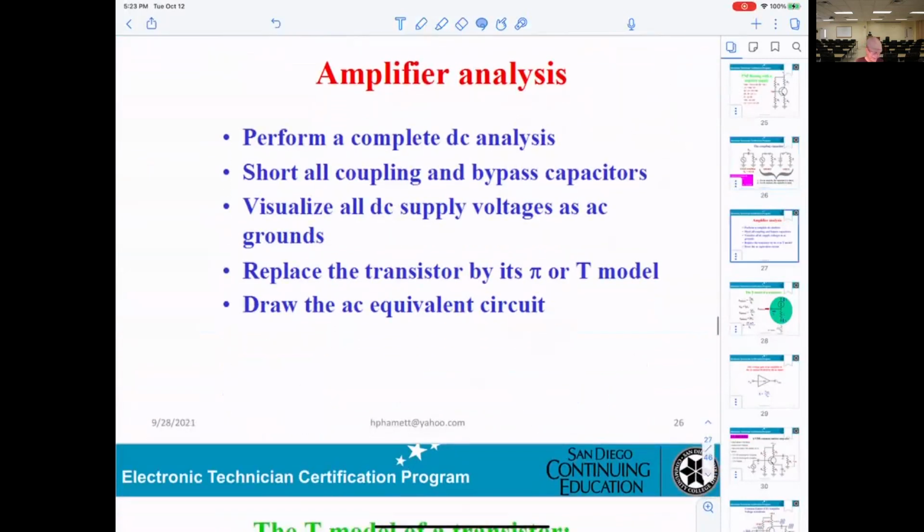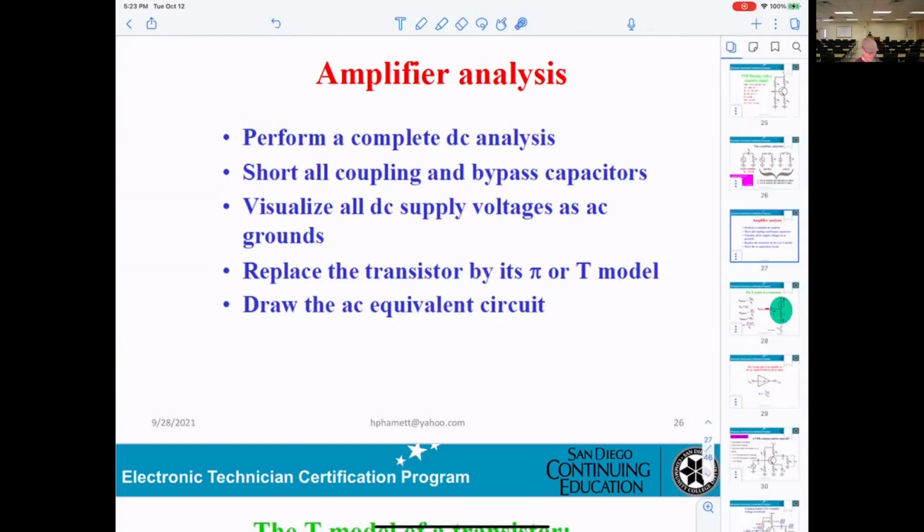Okay, now again, if you want to go into more detail for the AC amplifier analysis, then these are the steps you must go through. First thing, you have to complete the DC bias.